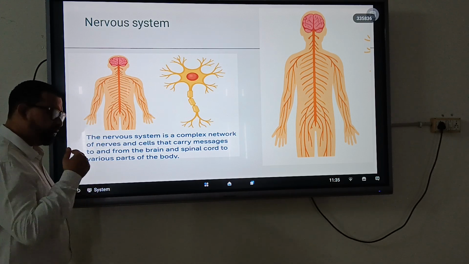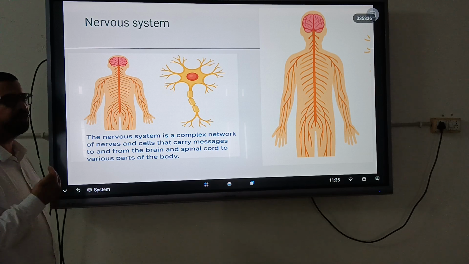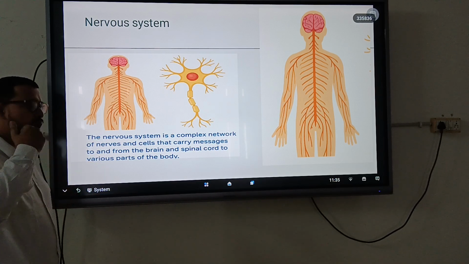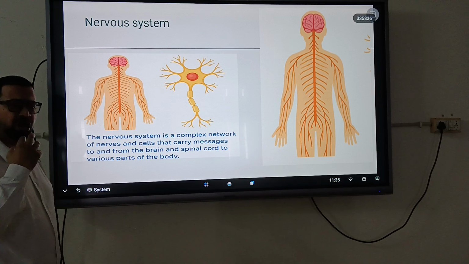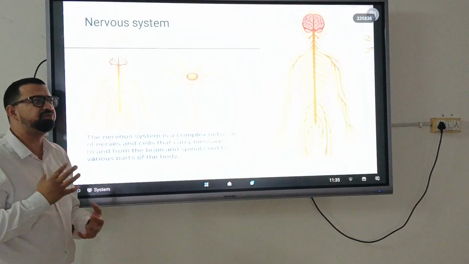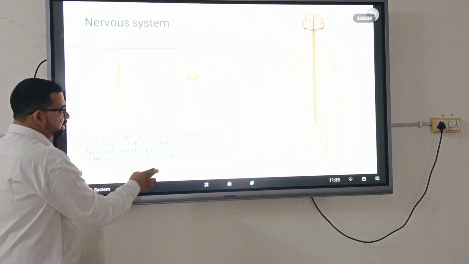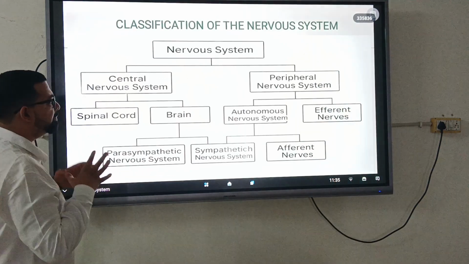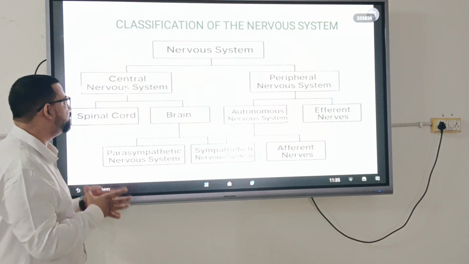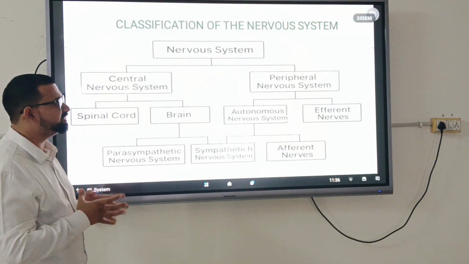If we go step by step, it will be easier to understand what the nervous system is, what its components are, and how neurotransmission works, and we will have a complete picture of it. This is the basic classification of the nervous system in humans.